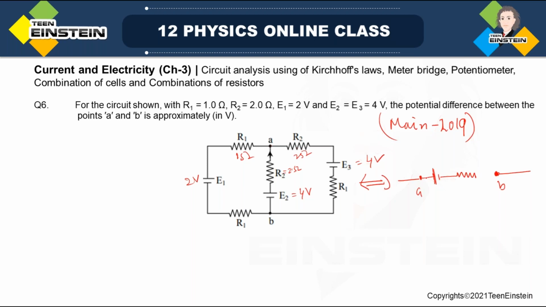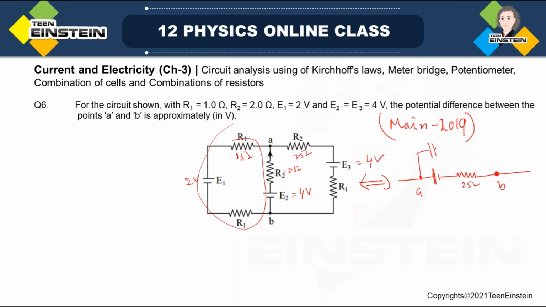Here there are two R1, so 2 ohm. This is actually R2, that means 2 ohm. Here again, this is 2 R1, so I'll write 2 ohm.